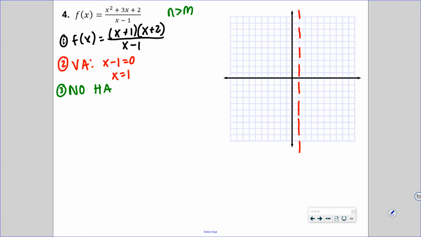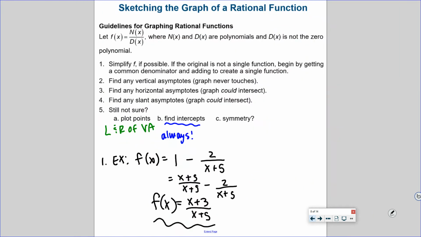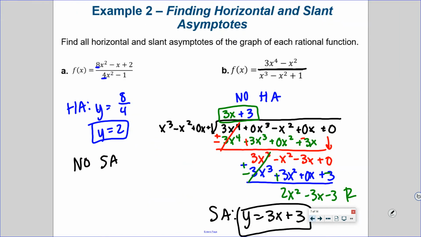And if it's exactly 1 degree greater in the numerator, that means we have a slant asymptote. Oh yeah, here we go. Okay. So as a refresher, what we do to find slant asymptotes is we do the division problem that's set up in my rational function.